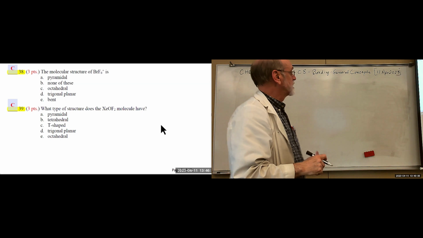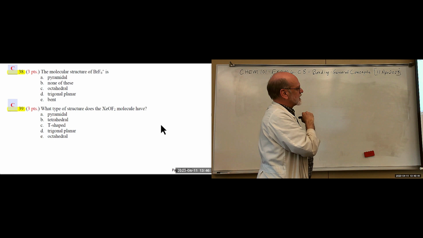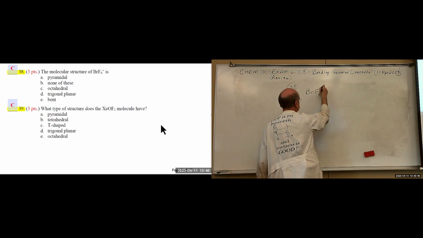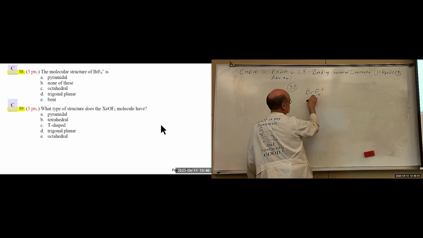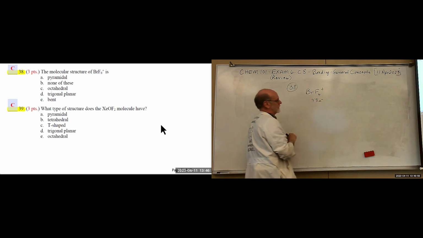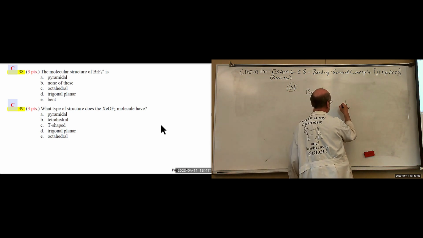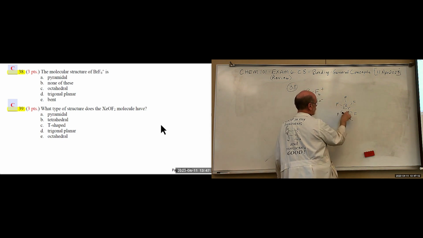Let's see. 38. The molecular structure of BrF6 plus. So these are all halogens. That means 7 times 7 is 49, minus 1 is 48 electrons. So we put bromine in the middle, and we have 1, 2, 3, 4, 5, 6 fluorines. 2, 4, 6, 8, 10, 12.